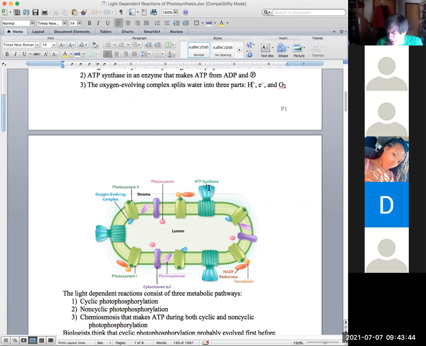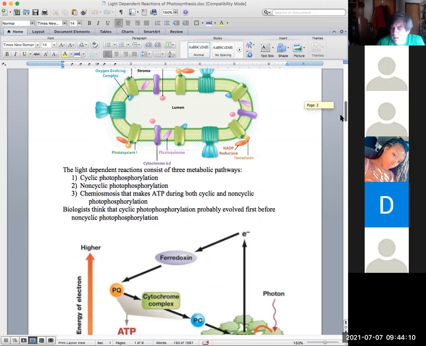The ATP synthetase are these big, I don't know what they look like, flowers, cupcakes, I'm not sure. And all these purple and pink and orange are various parts of the electron transfer proteins.